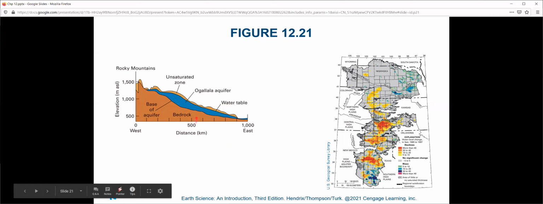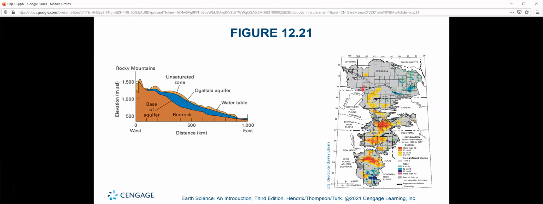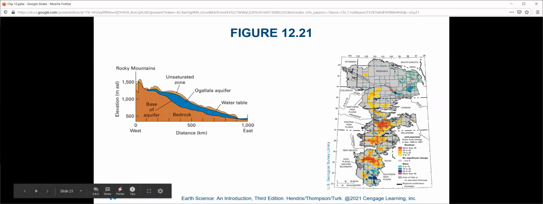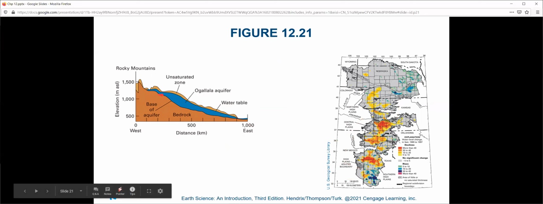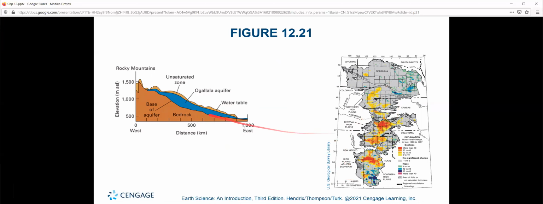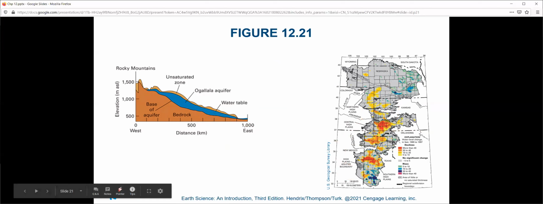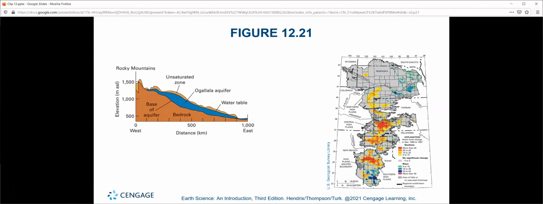Here we have an example of an aquifer shown here, and its associated water table. Here's a picture of it in the Nebraska, Kansas, Oklahoma area. And we notice, based on usage, this gigantic aquifer that sits in this bedrock, down here at the bottom, we are having reduction of the water that's available from said aquifer, right?